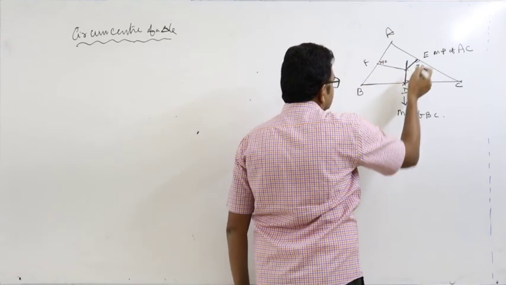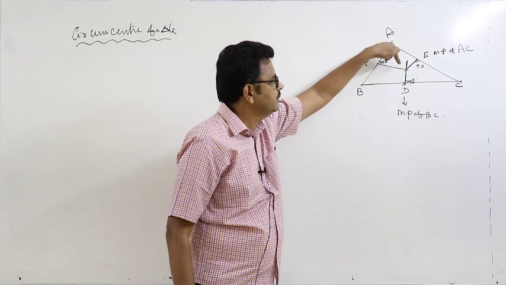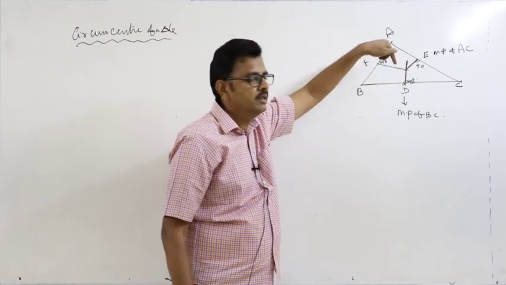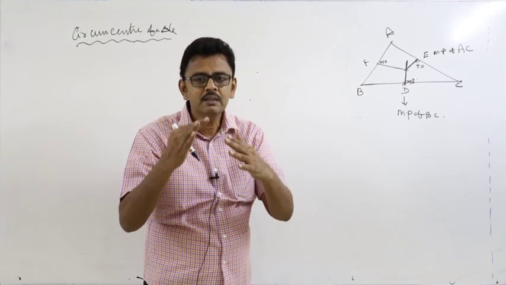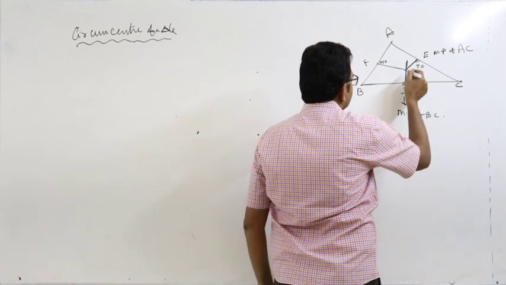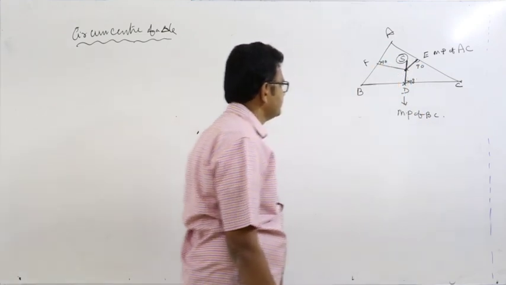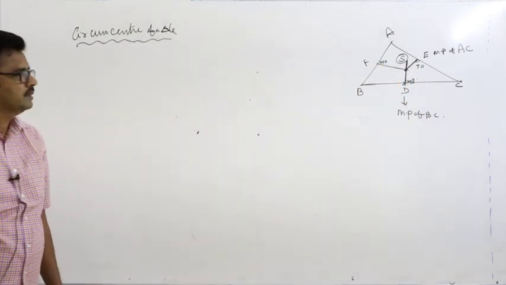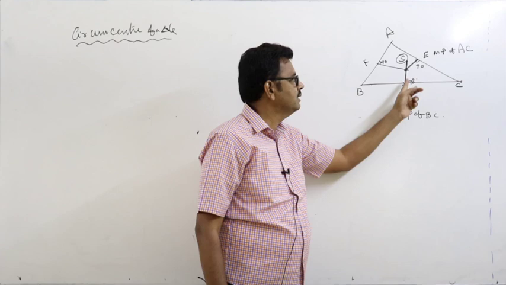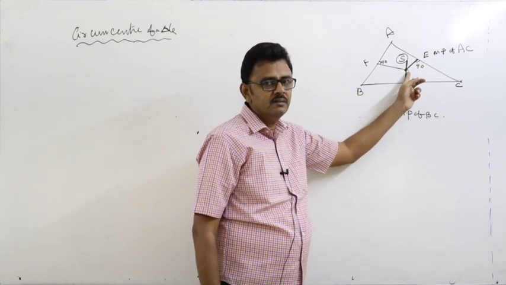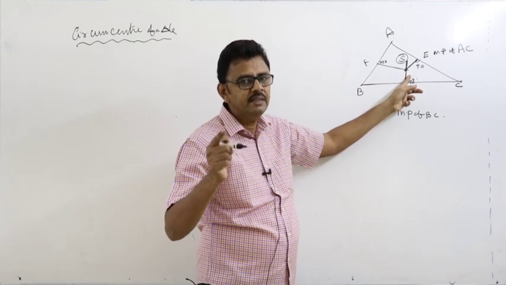The three perpendicular bisectors meet at a point, and that point is called the circumcenter, denoted by S. That is, the perpendicular bisectors of the sides of a triangle are concurrent. The point of concurrence is called the circumcenter.